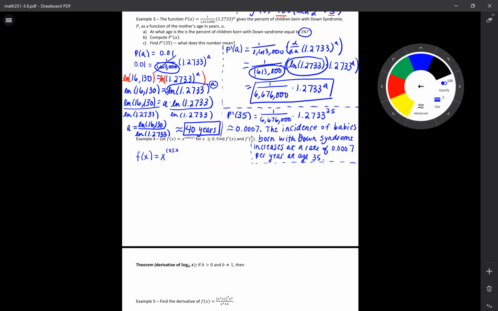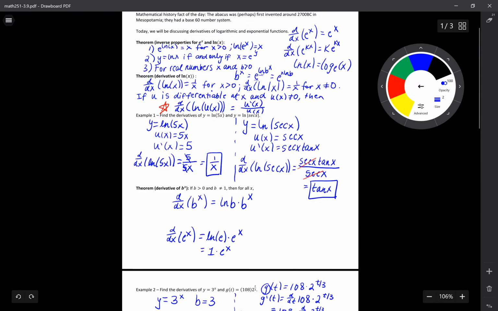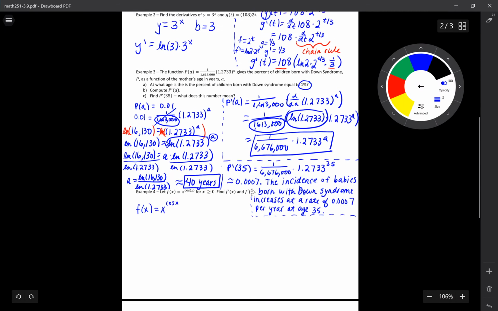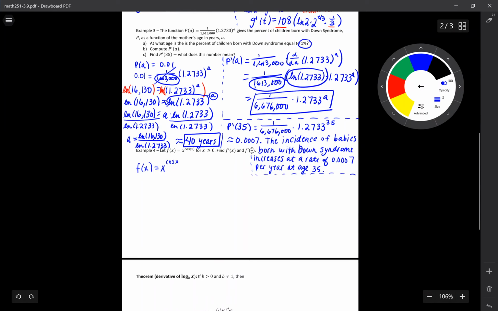And if I use that rule in terms of e and the natural log of b to the power of x, I'm going to rewrite this as e to the power of cosine x times the natural log of x. And you'll see why I do this in a second.